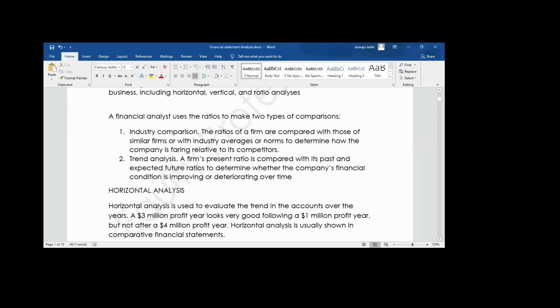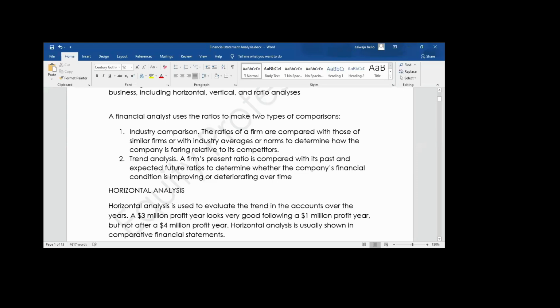You can pick your revenue figure. In 2019, this company's revenue was this. In 2020, revenue was this. You now compare revenue in 2019 with revenue in 2020, revenue in 2021.